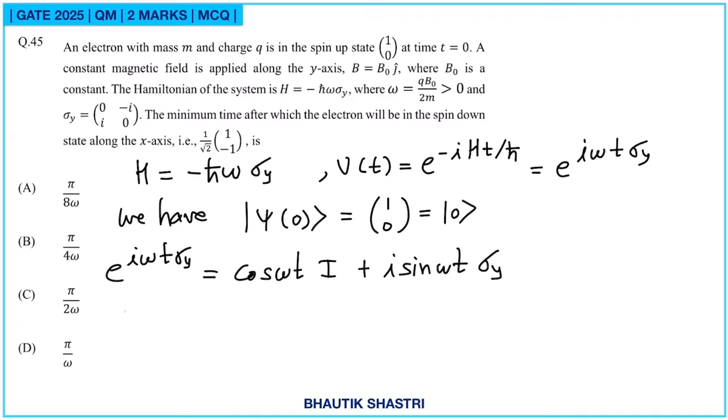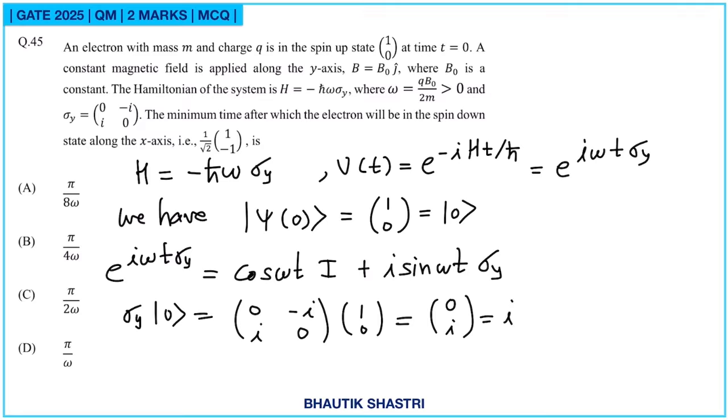If we operate sigma y on ket 0, this will be 0, minus i, i, 0 operating on 1, 0. That will be equal to 0, i, which is i times 0, 1, which is, let's call it ket 1. So this will be i ket 1.